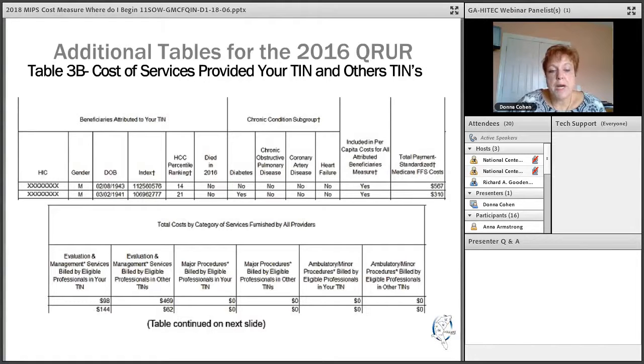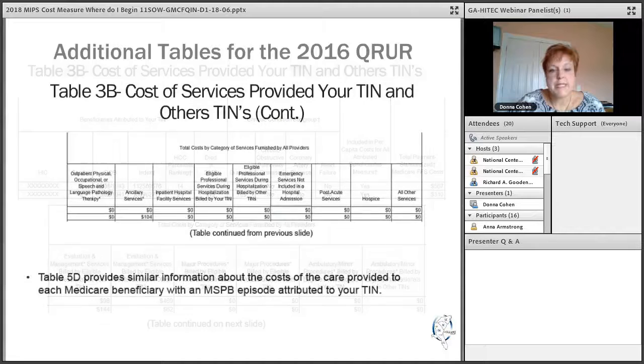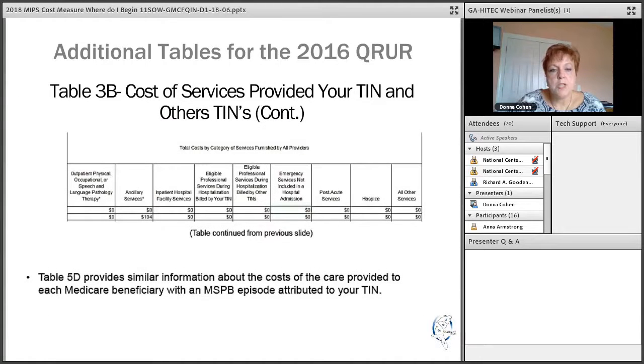So your EIDM codes, your minor procedures, your ambulatory minor procedures, along with some others that we'll see on the next slide. So these are the additional breakdown of cost of services. You've got outpatient physical therapy, inpatient hospital services. So you can see where the dollars that you're spending are going for these additional services provided not only by your TIN but other TINs in your area.